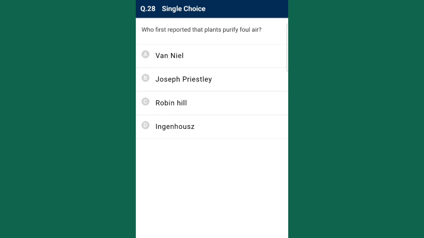In addition, he also discovered a gas which was later named as oxygen by French scientist Lavoisier. So the answer is option B. Joseph Priestley first reported that plants purify foul air.